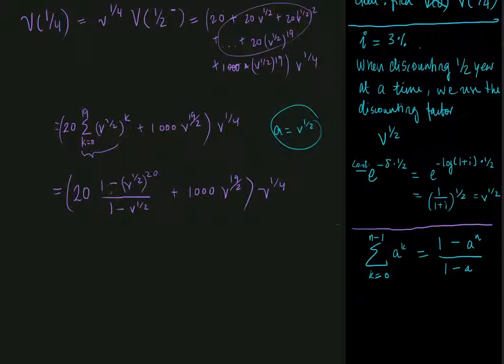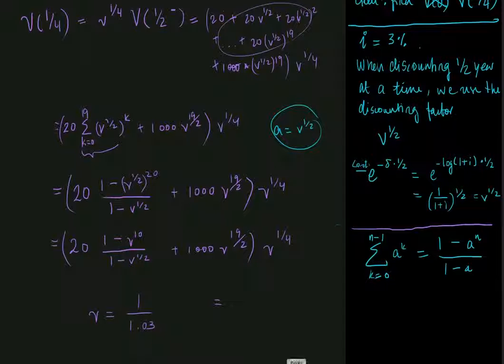What we can rewrite inside the parenthesis is essentially 20 multiplied by 1 minus v to the 10th divided by 1 minus v to the 1/2, and then plus 1,000 multiplied by v to the 19/2, and then we have v to the 1/4. So we will use v equal to 1 over 1.03 to calculate the numerical value of this expression.